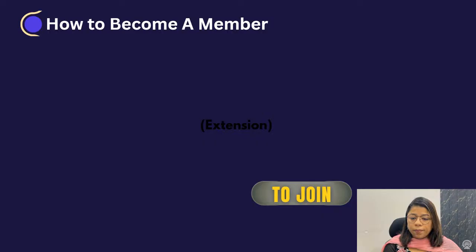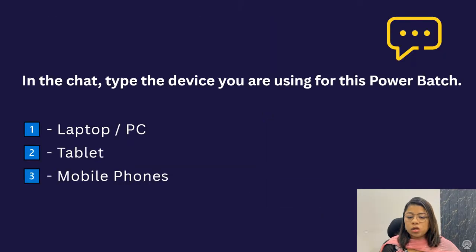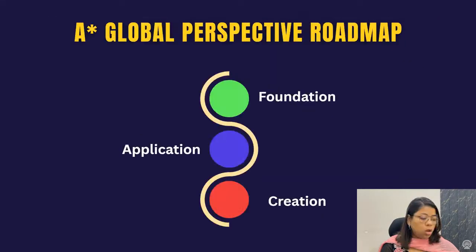So guys, before I start with my lecture, I want to help you understand something. If you are viewing all the lessons for Global Perspectives Power Batch, there is a way to prepare for your exams. One way is randomly viewing the classes and practicing at home, and the other way is getting structured help.